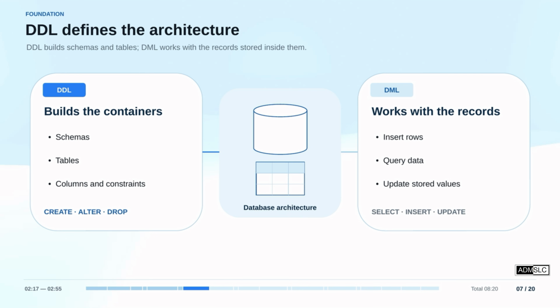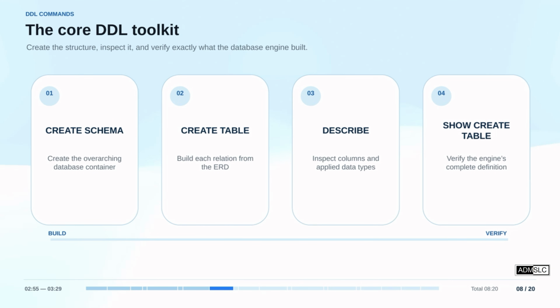Now, it's absolutely crucial to distinguish DDL from DML, which is Data Manipulation Language. With DDL, we're not asking the database analytical questions or inserting user records just yet. That comes later. DDL is strictly about building the physical containers, the actual architecture that will eventually hold your data securely.